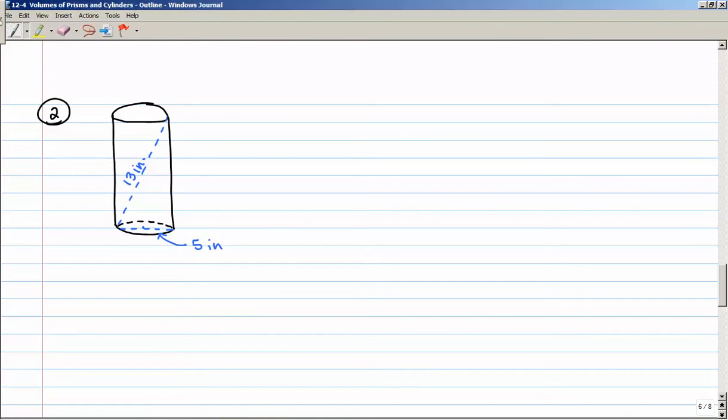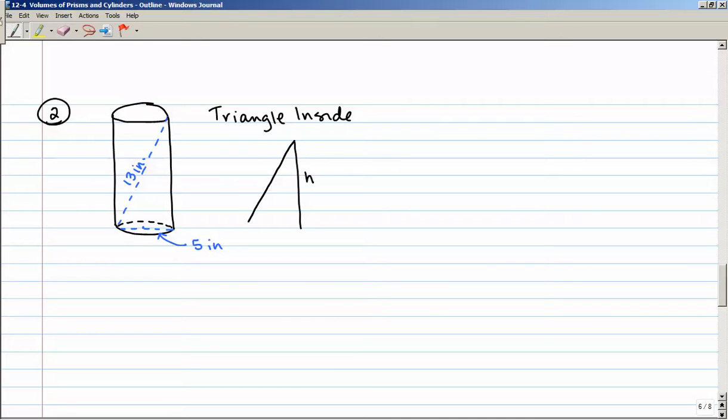Here I have a cylinder, and I notice that the diameter of the base is 5, but then I have this slanted distance inside the cylinder. So this is another good time to draw the triangle on the inside. So I have this right here, which is actually going to represent my height.